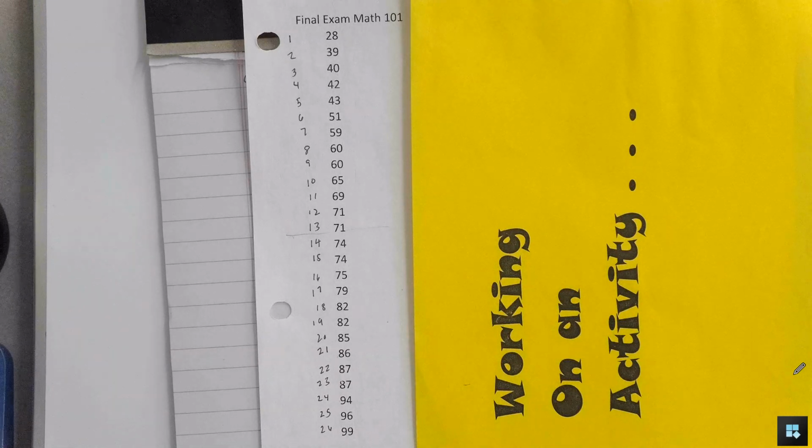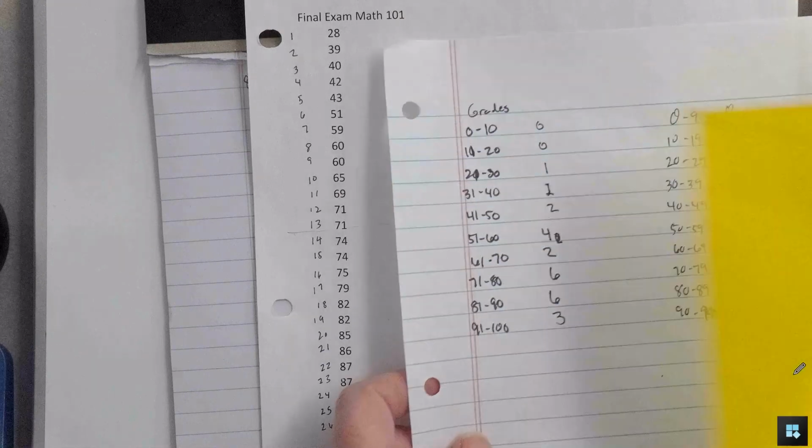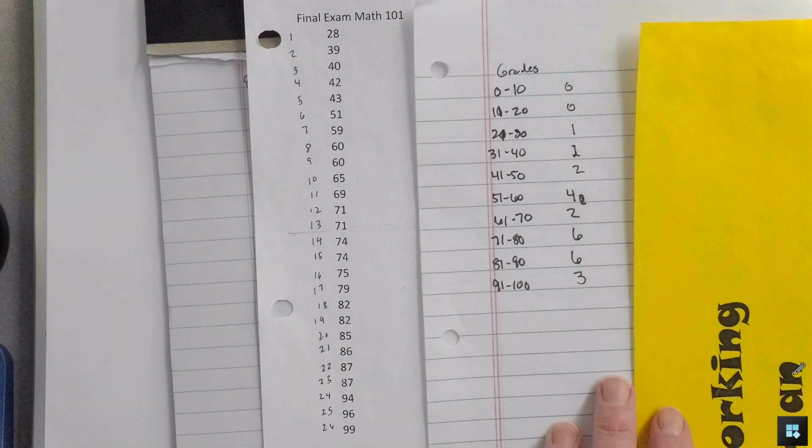So set up something like this. I'd love to see how many are in each grade category, 0 to 10, 11 to 20, and so on. And then that's how far your bars go. So you should set up a bin to show you how many go in each category.